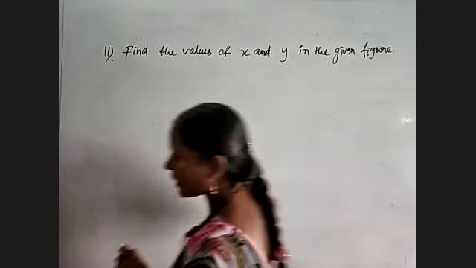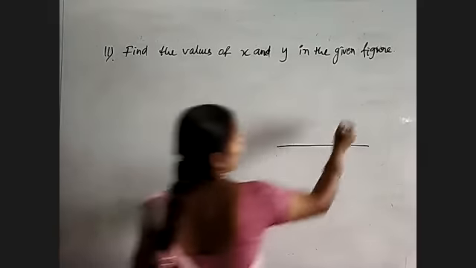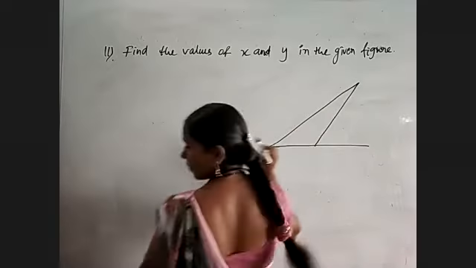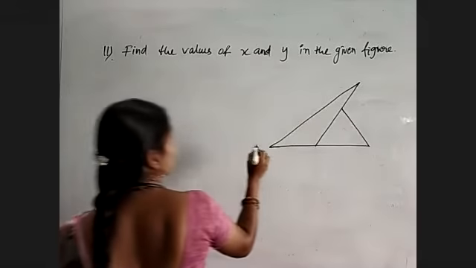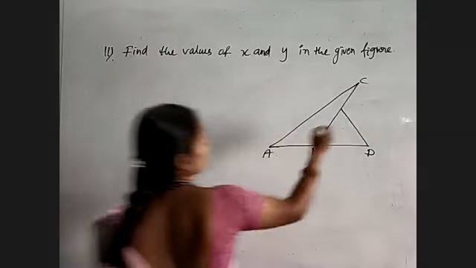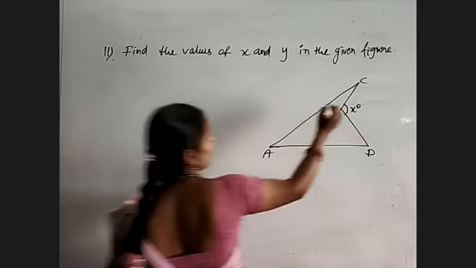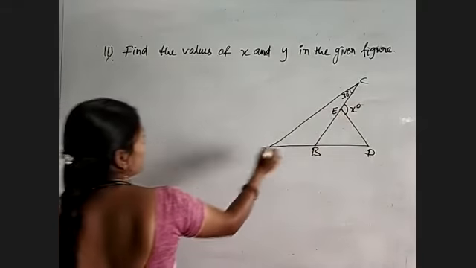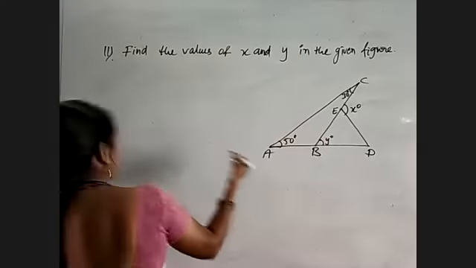So here the figure is given like this: A, B, C, D and E, with x degrees, 30 degrees, 50 degrees, y degrees and 55 degrees.